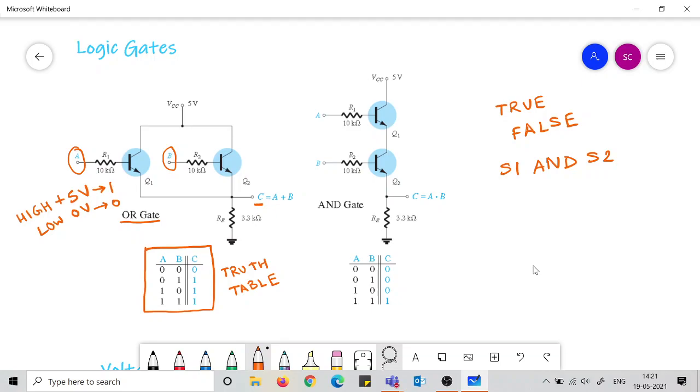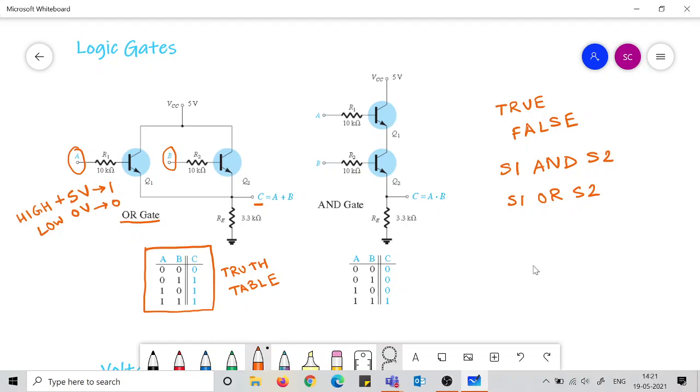Whereas if you ask the question whether S1 or S2 is true, then any one of these being true gives you the answer that yes, S1 or S2 is true. One among S1 or S2 is true.